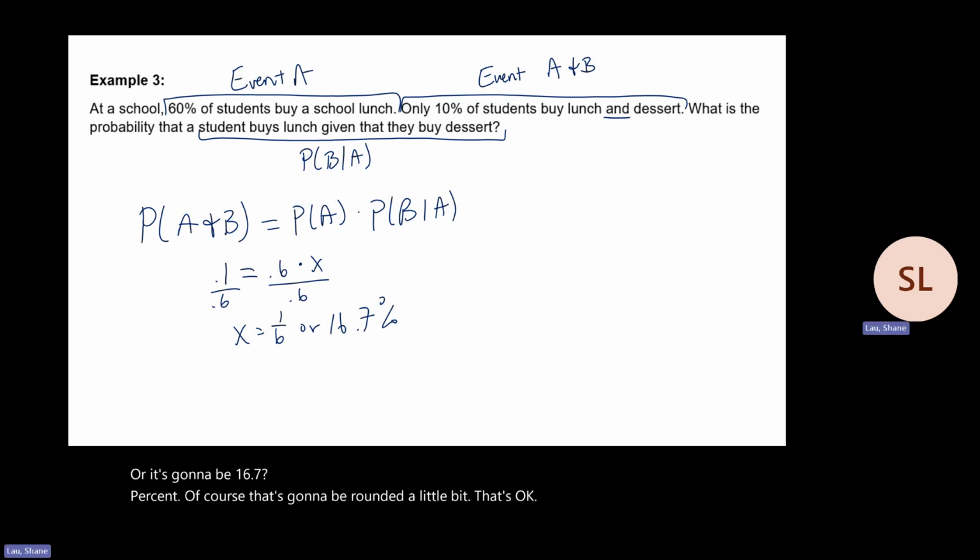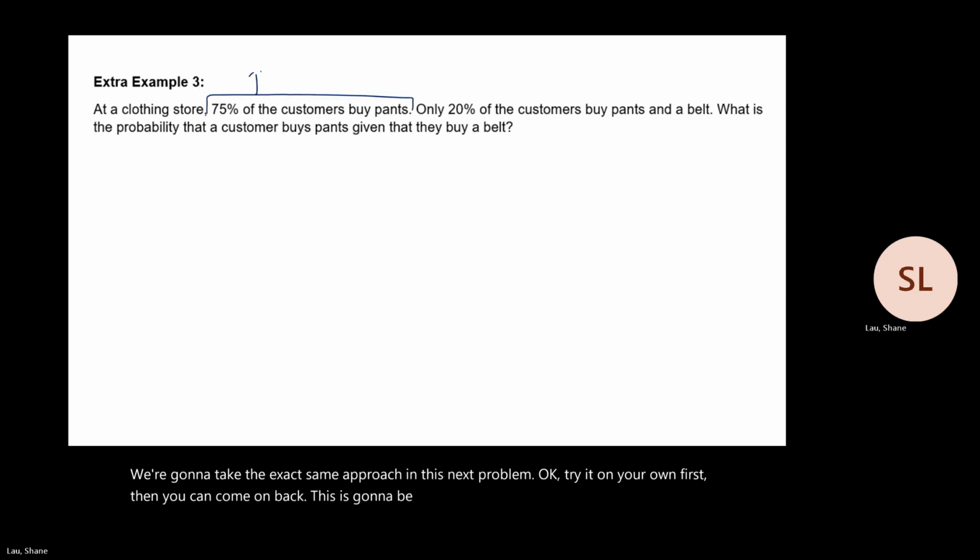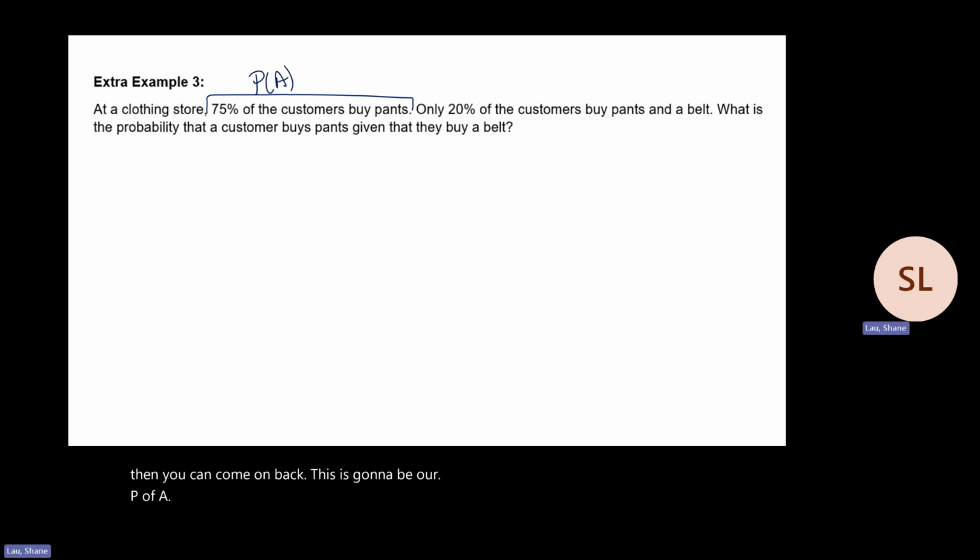We're going to take the exact same approach in this next problem. Try it on your own first, then you can come on back. This is going to be our P of A, the customers who buy pants.